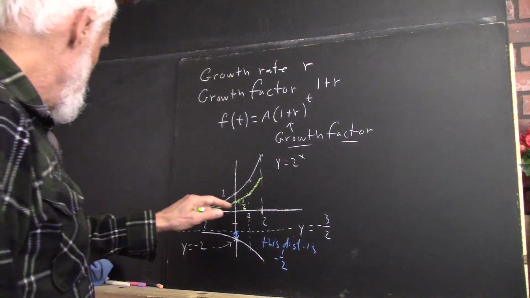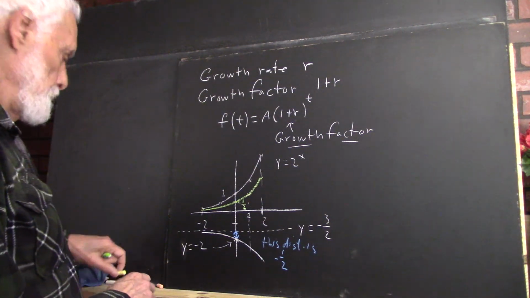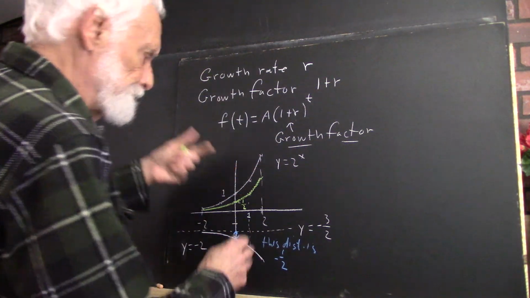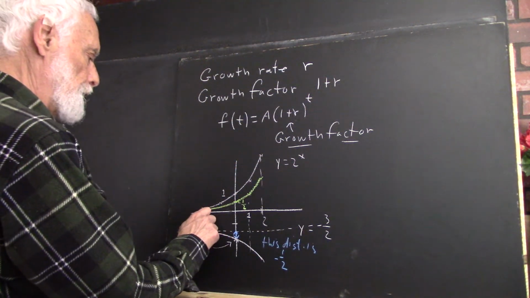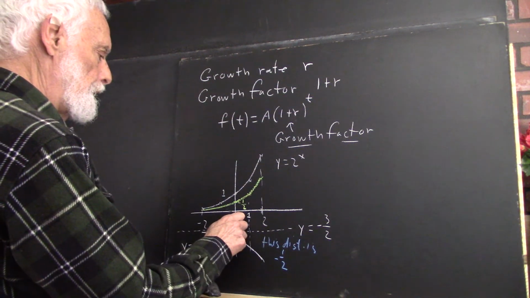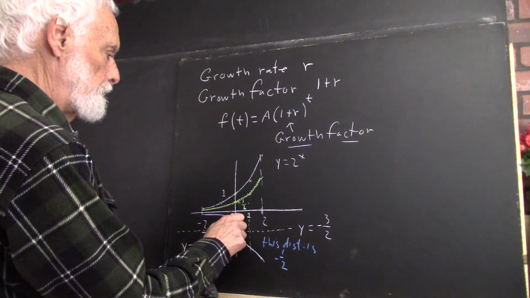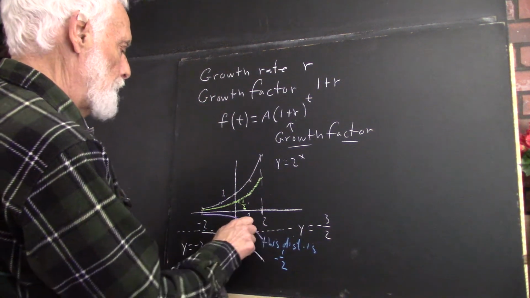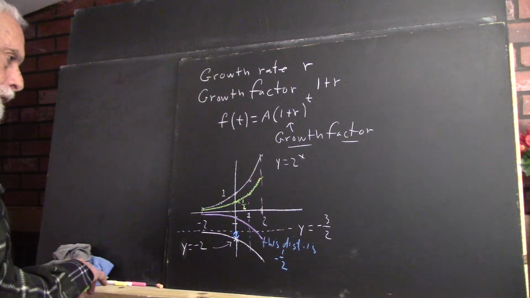So we take this graph and we take its reciprocal, and we reflect it through the x-axis, not its reciprocal, it's negative. And we're going to get this graph. Okay, so what's this graph?